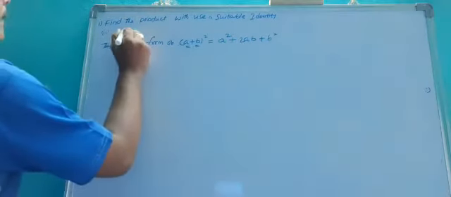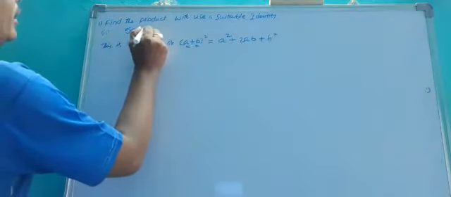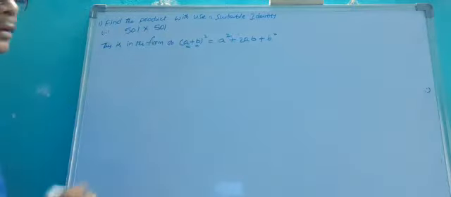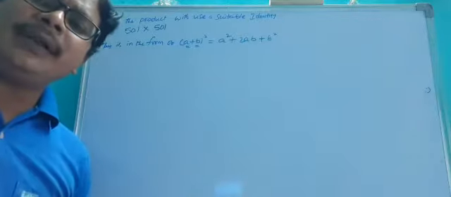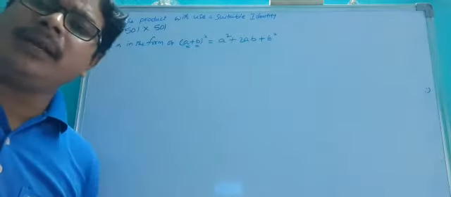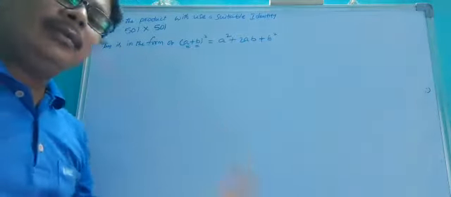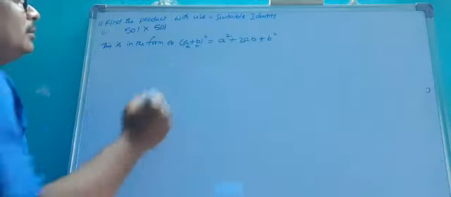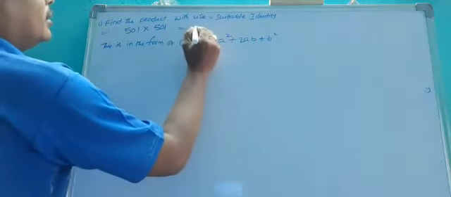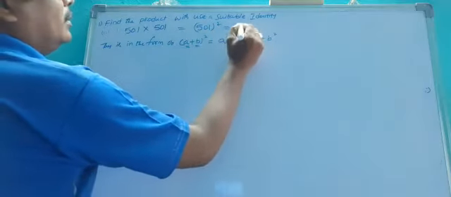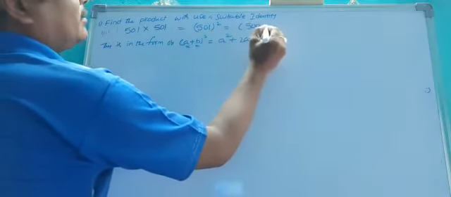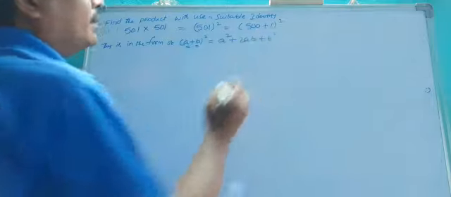The next one, 501 into 501. Without using direct product, with the help of a suitable identity, how to find out the product? This can be written as 501 whole square, which is 500 plus 1 whole square.